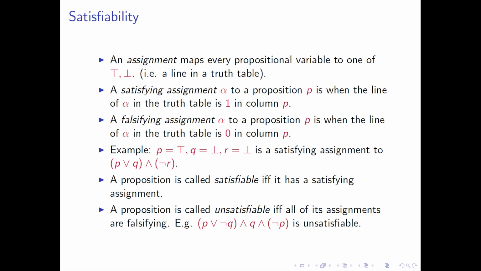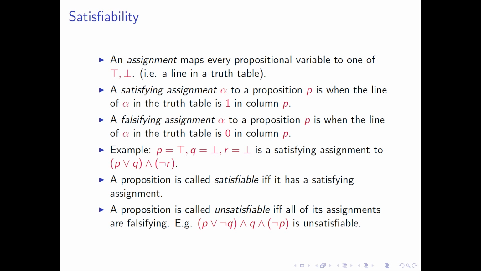Another thing about assignments is they're just lines in the truth table. A satisfying assignment is an assignment such that the line in the truth table, under the column that represents the proposition P, so if we're investigating P it'll be the last column, is true.